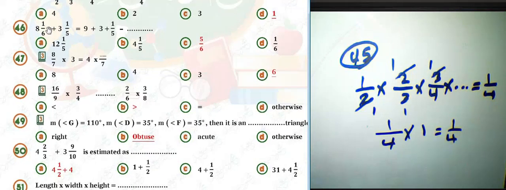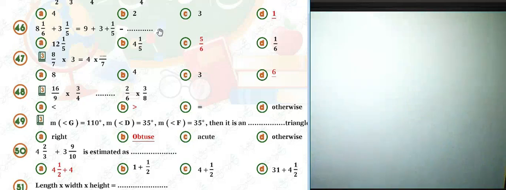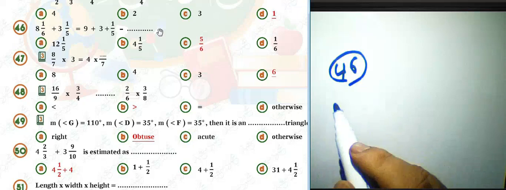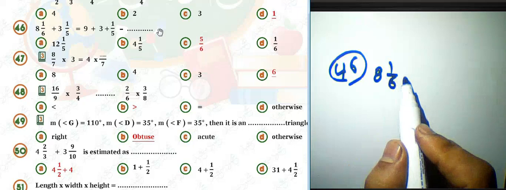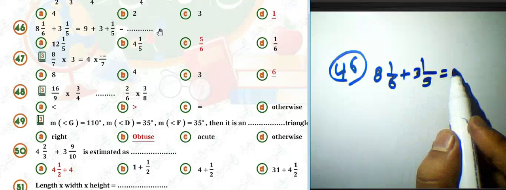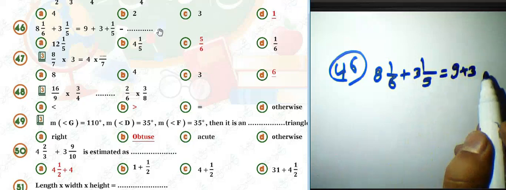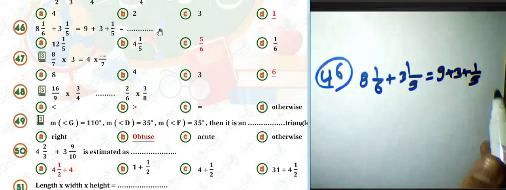46. 8 and 1 over 6 plus 3 and 1 over 5 equal 9 plus 3 plus 1 over 5 subtract by space.